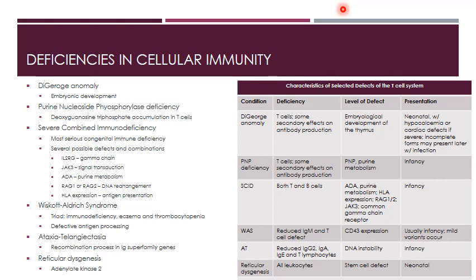If we were to do a bone marrow specimen on these patients, they'll actually have either normal to somewhat increased numbers of megakaryocytes. However, the maturation does not completely occur.